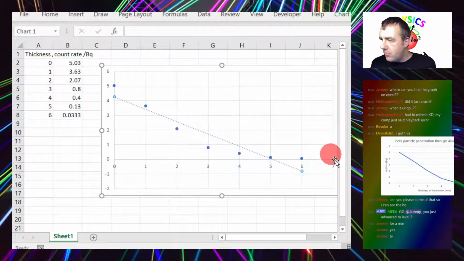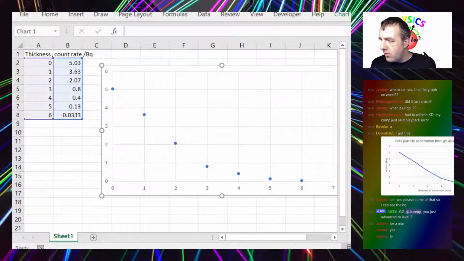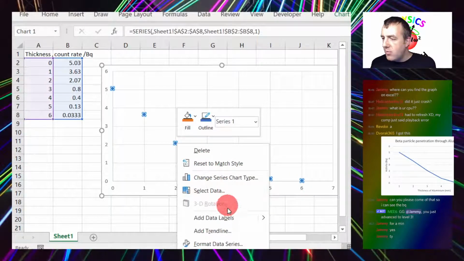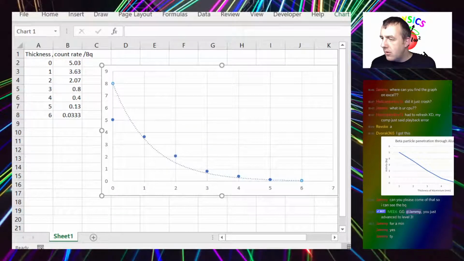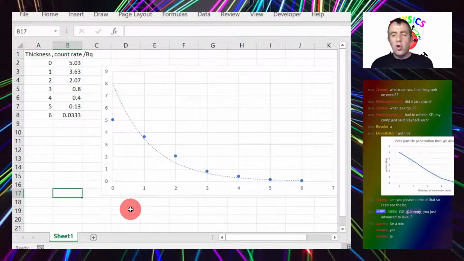Add trend line. No, doesn't want that either. So it's happy with exponential decay. It really isn't happy with anything else, which is kind of a clue here, isn't it? It's probably going to be some sort of exponential decay.